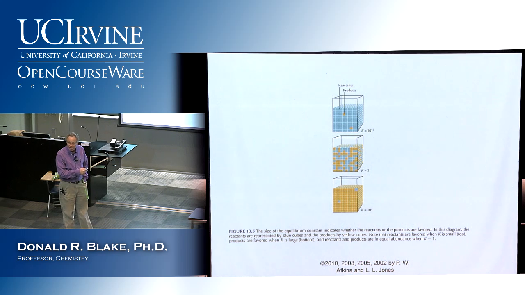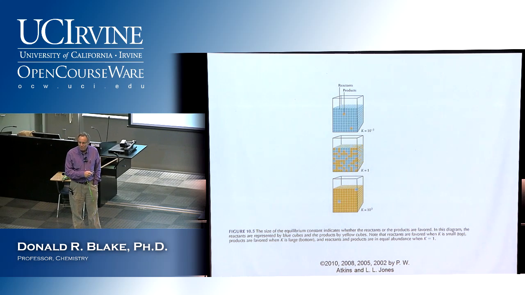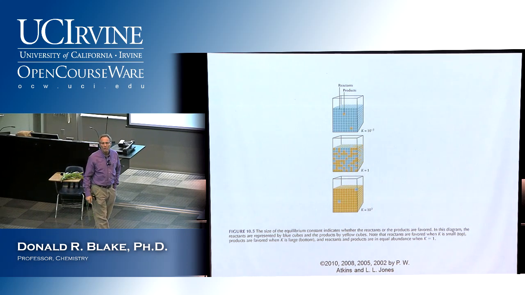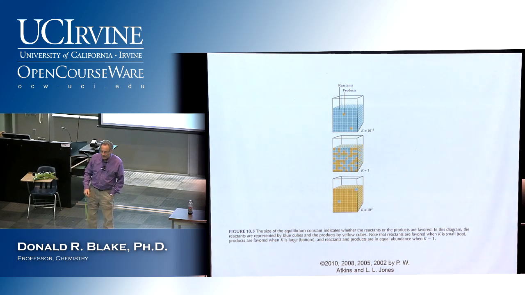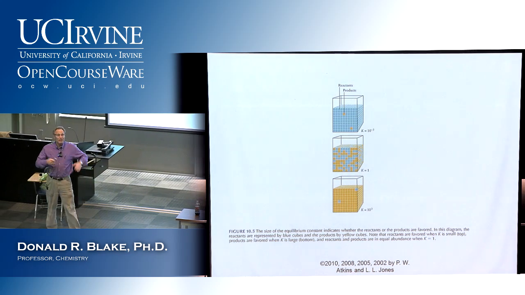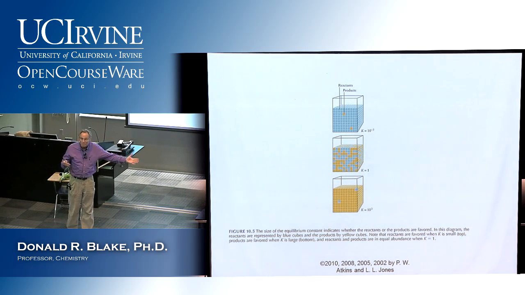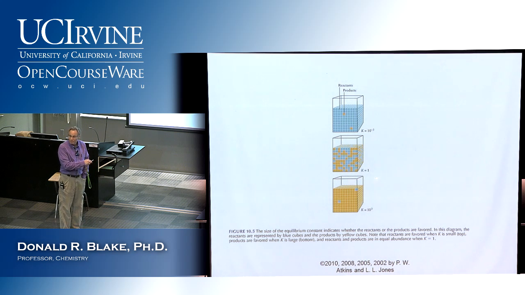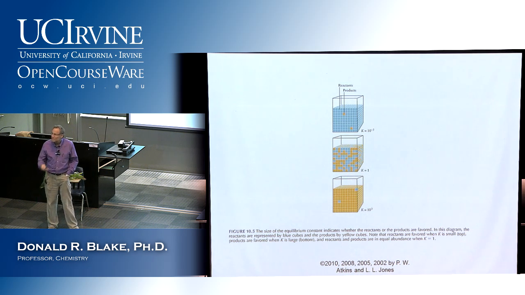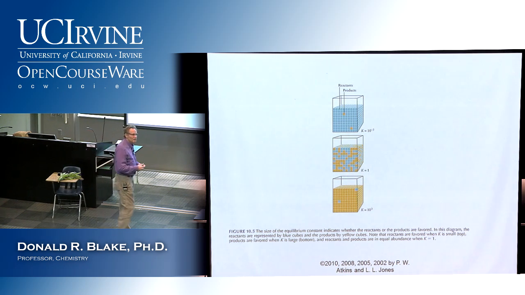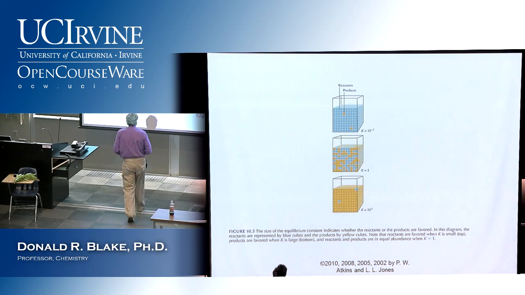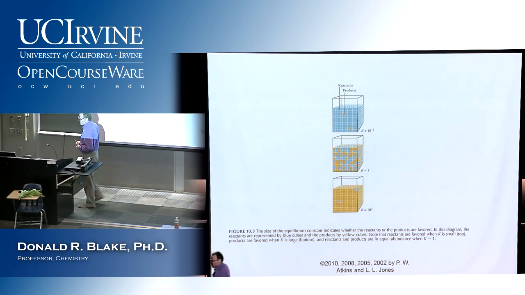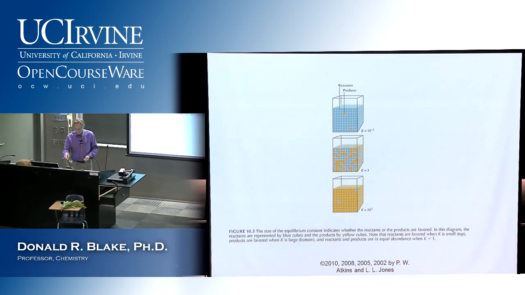Is there very much product in this top one? No. K is equal to 0.1 or 0.01 or something like that. Where it looks about equal, you've got a K of 1. And when it's mostly products, then you've got a big K. This is the kind of conceptual thing I would expect you to be able to understand and identify on an exam.